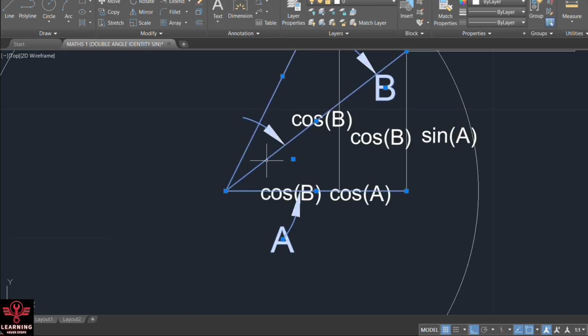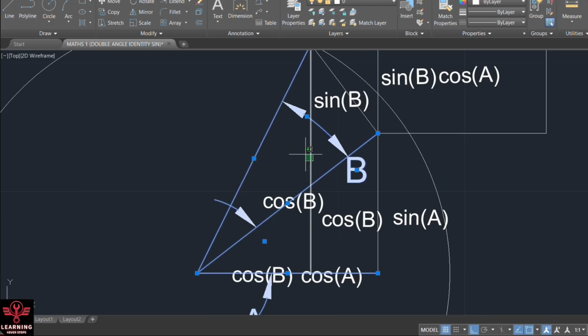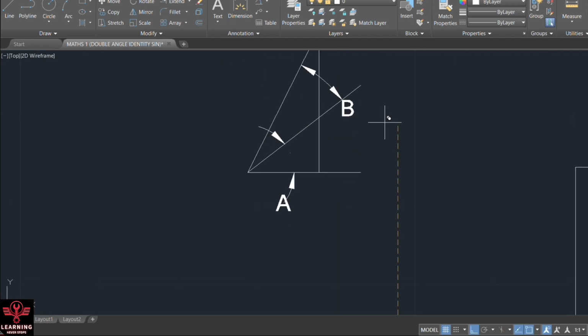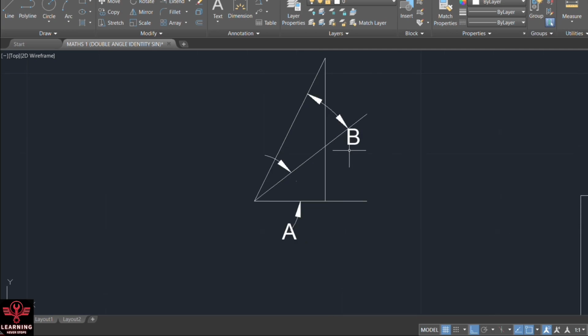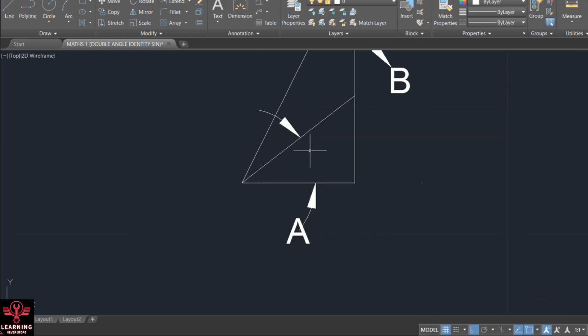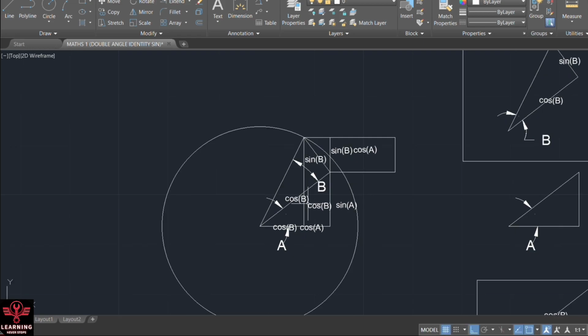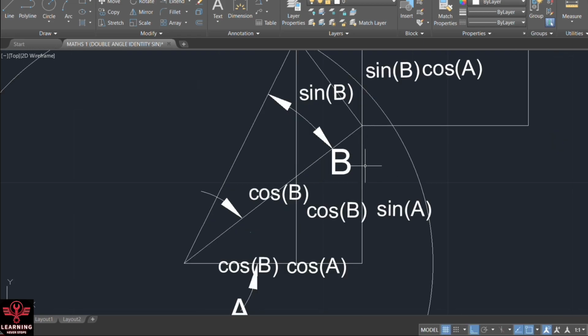Now we have another triangle in which both angles A and B are participating. Note that the angle in between in this triangle will be the sum of both angles, which is A plus B, because it is the combination of these two triangles.